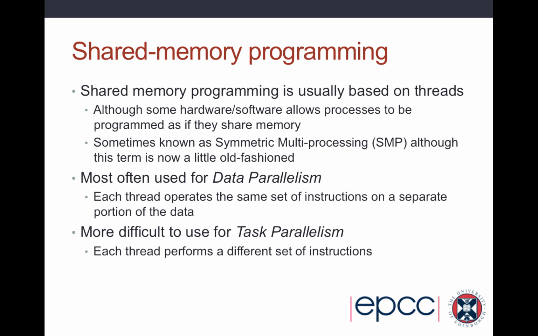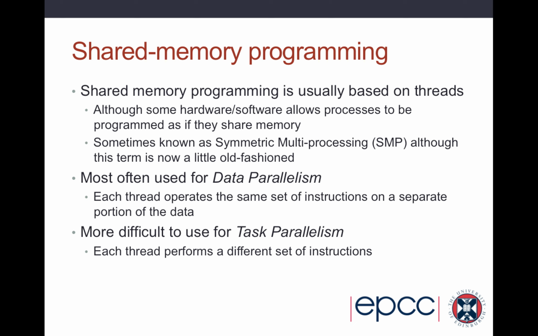So shared memory programming is a little bit different. It's usually based on threads rather than processes. And if you remember, threads exist within a single application, and all threads can access the same memory. Some hardware and software allows processes to be programmed as if they shared memory, and we talked a bit about that in the first lecture in terms of shared memory architectures, where you can use a software layer to imitate shared memory.